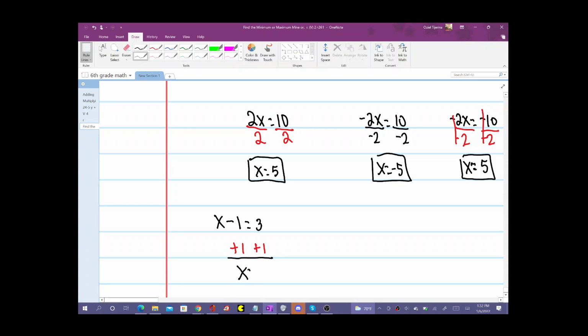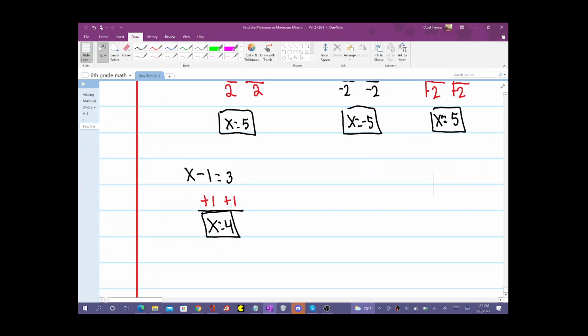So I get x equals 4, right? And then, what about if I have, let's say, negative x minus 2 equals 5. I have a negative x, right?